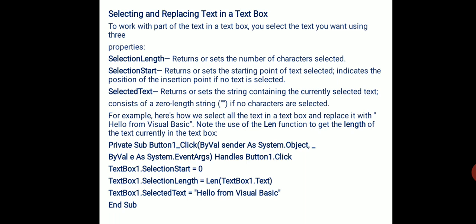Button 1's click event: when you click button 1, TextBox1.SelectionStart = 0, TextBox1.SelectionLength = Len(TextBox1.Text), TextBox1.SelectedText = "Hello from Visual Basic".